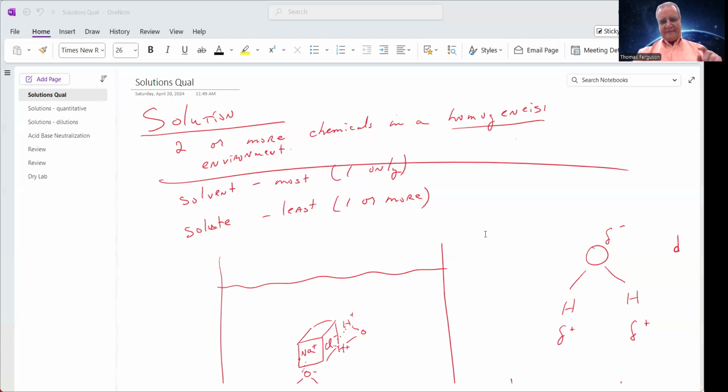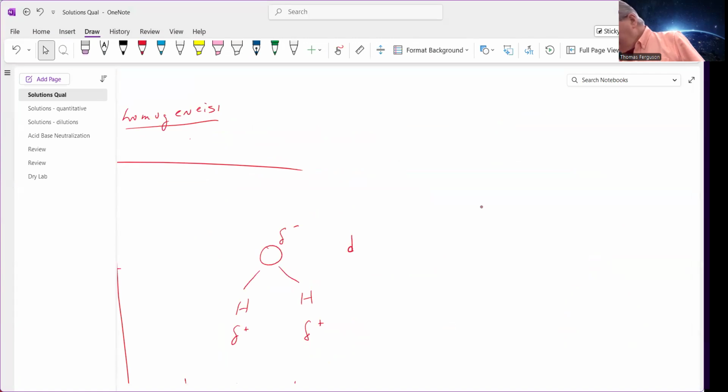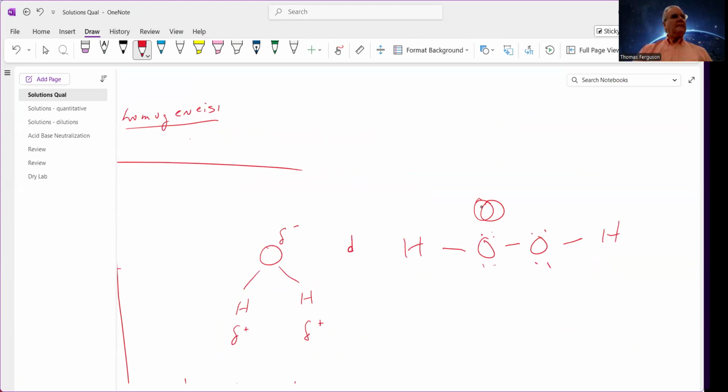Okay, so hydrogen peroxide. Now that's a liquid, but you cannot buy this at the store.